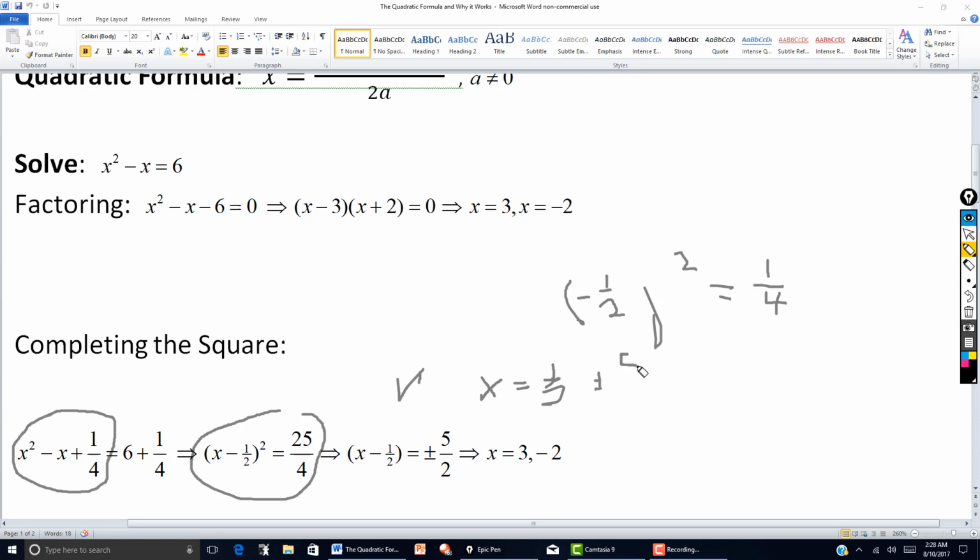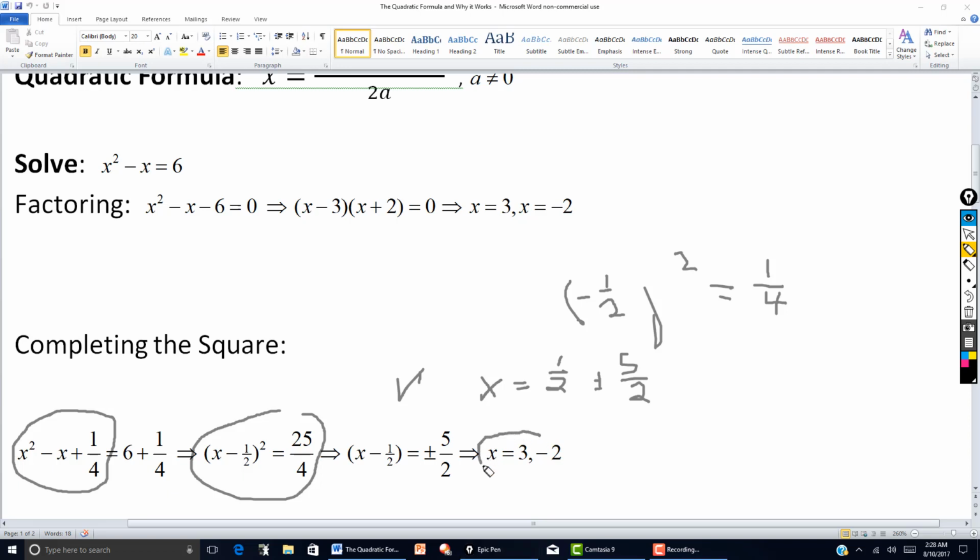Then we just add these: 1/2 plus 5/2 is 6/2, that's 3, and 1/2 minus 5/2 is minus 4 over 2, which is negative 2. So we get the same thing we got with the factoring.